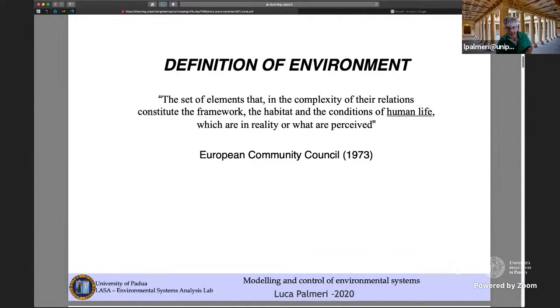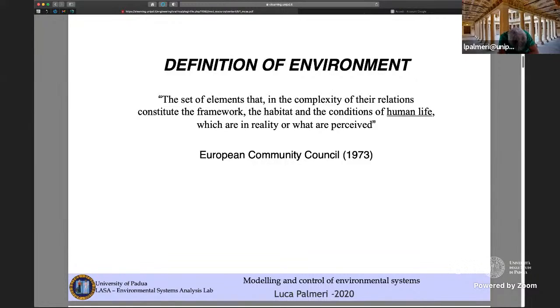we immediately recognize, and we set it clearly in the definition, that the conditions, the habitats, are perceived by us. This means that the perception of environmental systems may change according to the different scientists who give their own personal interpretation or perception of environment.